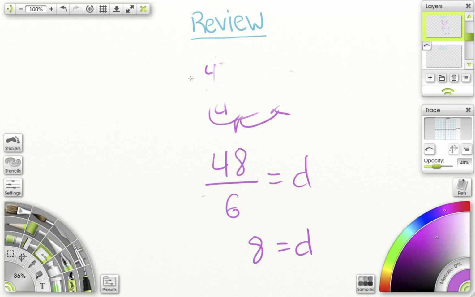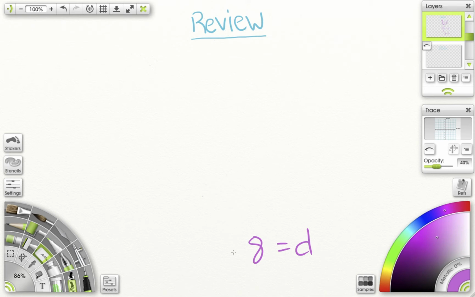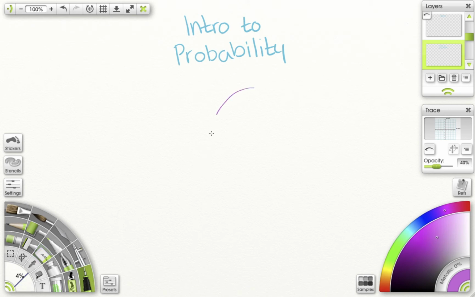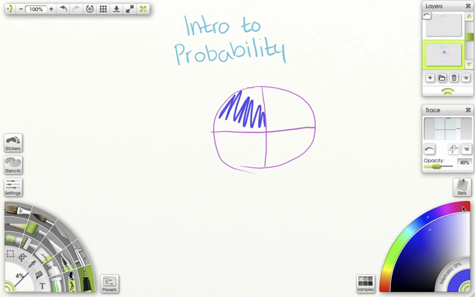So today we're moving on to a new unit on probability. What we're going to do today is with probability spinners, and we're going to try to figure out the likelihood of an outcome. So if I give you this spinner right here, if we were to use a pencil and a paper clip and spin it around, we are trying to determine the probability that it will land on a certain color.